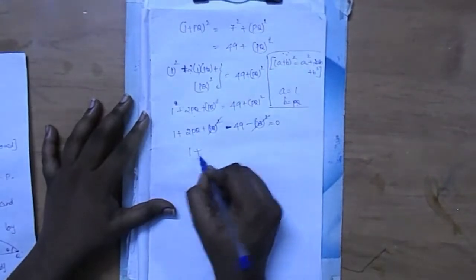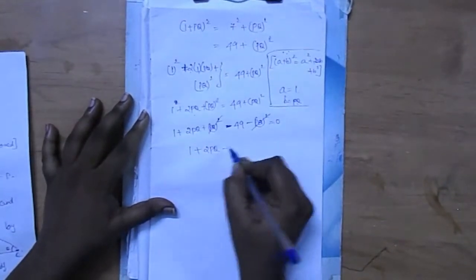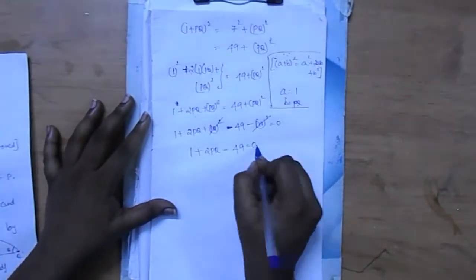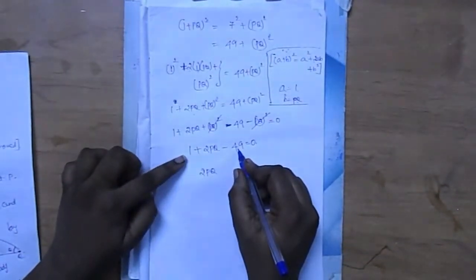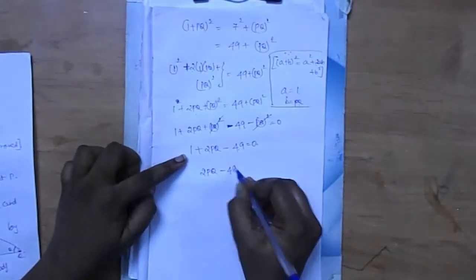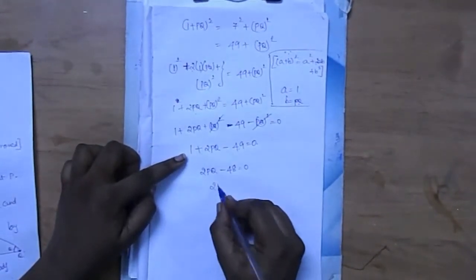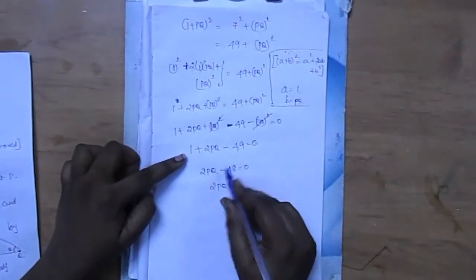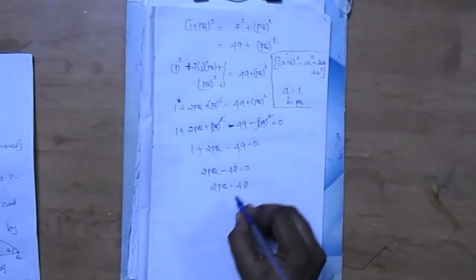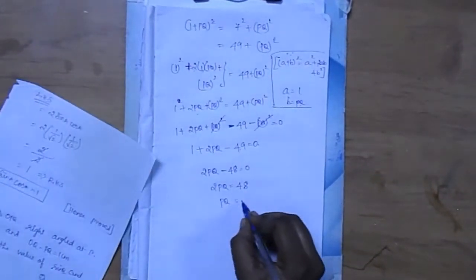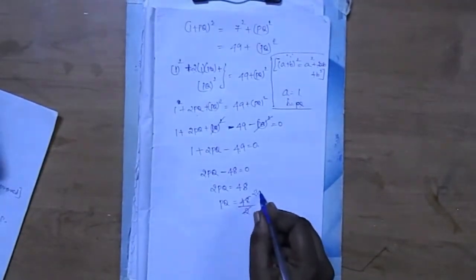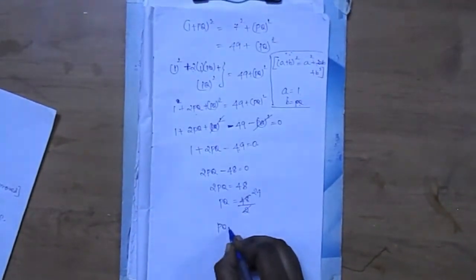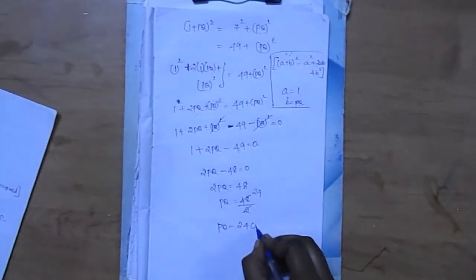So, remaining 1 plus 2PQ minus 49 equal to 0. So, 2PQ minus 49 plus 1, we get minus 48 equal to 0. So, 2PQ equal to 48 when converted to this side. So, PQ equal to 48 by 2. Cancelling, we get 24. Therefore, PQ equal to 24 centimeter.